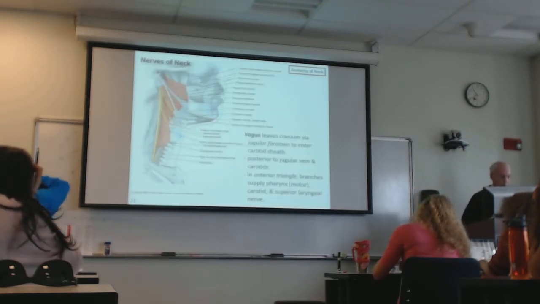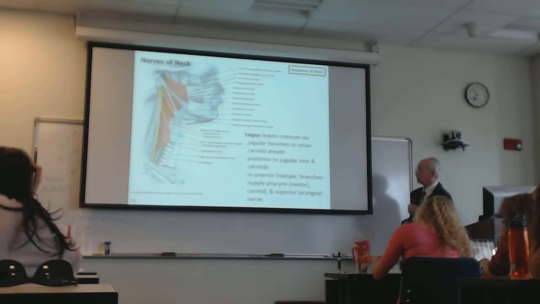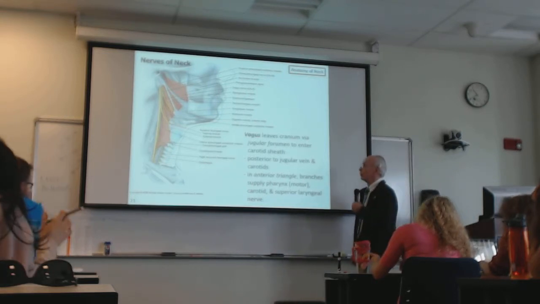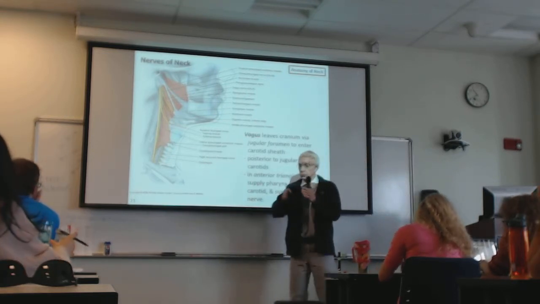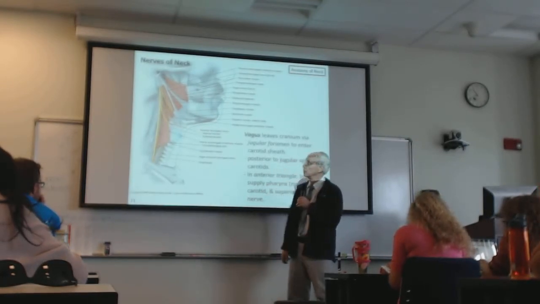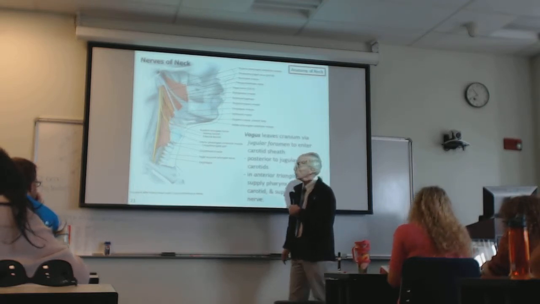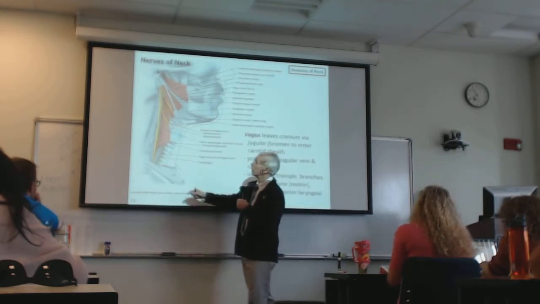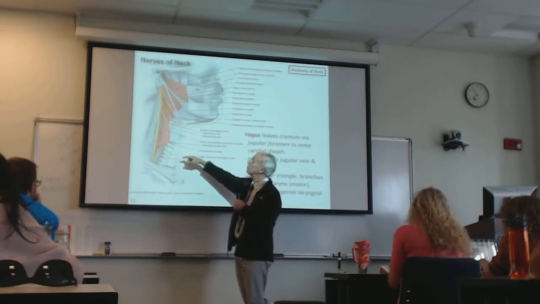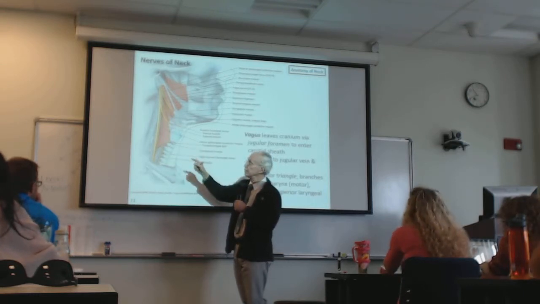We're going to come back and look at the vagus in more detail in just a moment, but the vagus in general in the neck descends bilaterally. As it does so, it tends to move more laterally toward the base of the neck and anteriorly, and that'll be important later. And then the final complexity here is that both divisions of the autonomic nervous system in this region, remember, the vagus is parasympathetic, but you also have cervical ganglia.